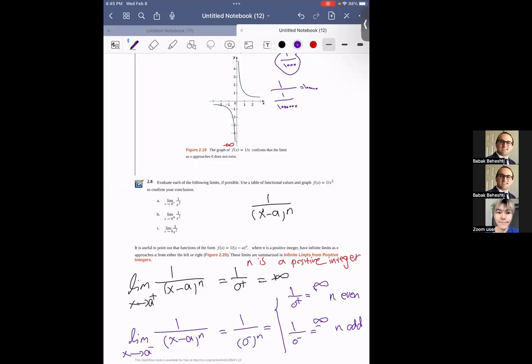Okay, so the limit of 1 over (x minus a) to the power n, when x goes to a minus, is equal to plus infinity if n is even, and equals minus infinity if n is odd.